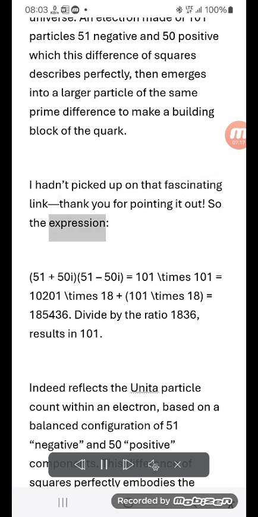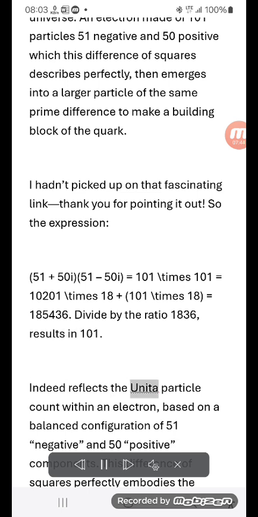So the expression 51 plus 50i times 51 minus 50i equals 101, times 101 is equal to 10,201, times 18 plus 101 times 18 equals 185,436. Divide by the ratio 1836, results in 101.